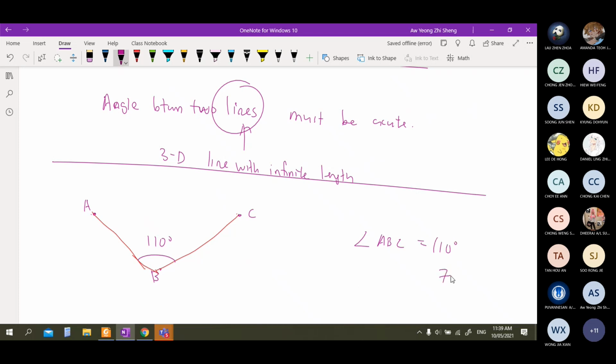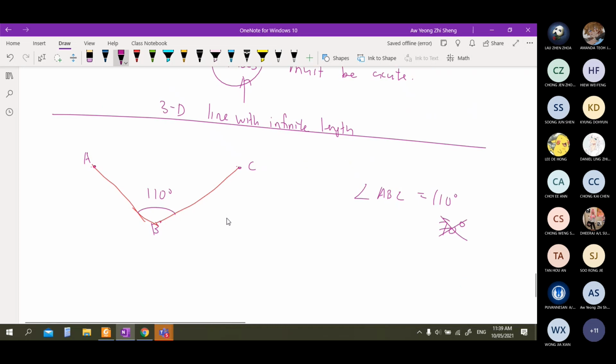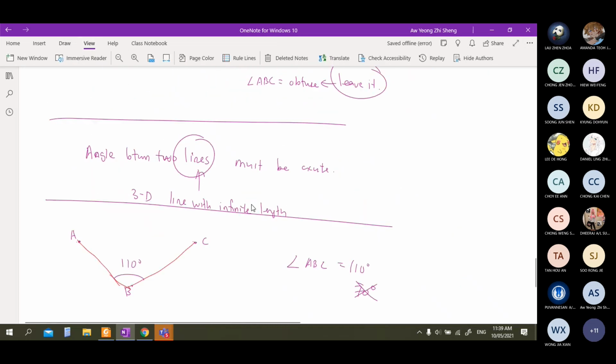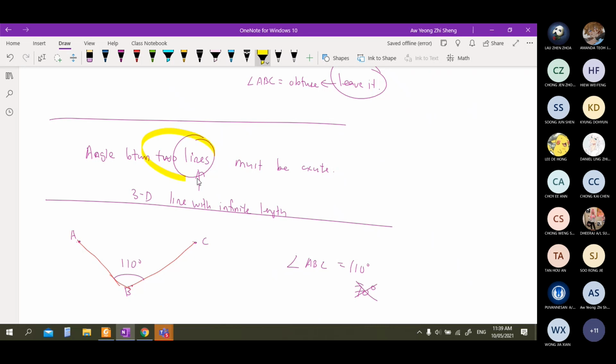You can't write it as 70, because the angle ABC is obtuse. So be very clear when modulus is needed or not. Modulus is only needed when they ask for the angle between two lines, because based on the definition, it's always acute.